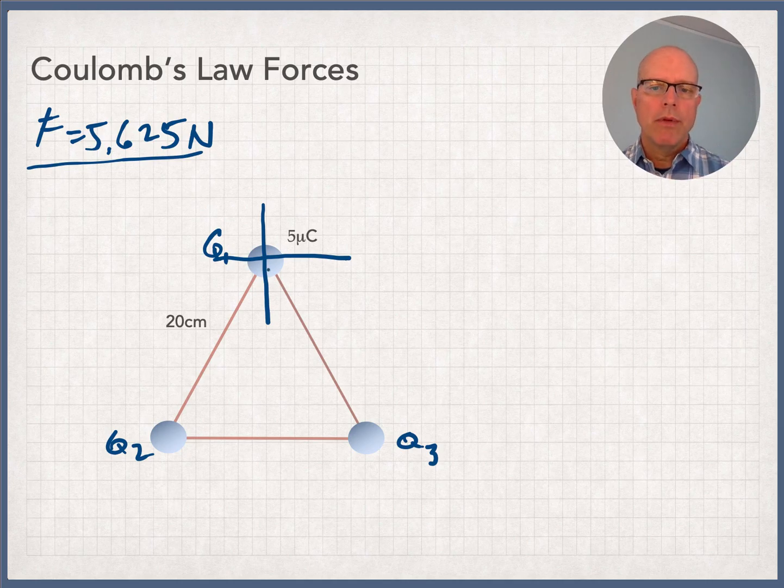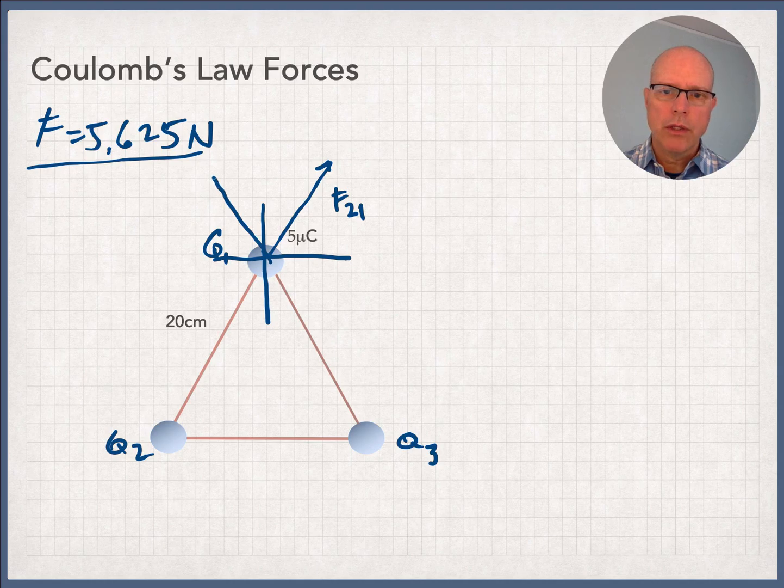And then it should be obvious that since all these charges are the same, I've got force of 2 on 1 acting in this direction right here. It should also be obvious that I've got force of 3 on 1 acting along this line right here. So I've got this guy going like so, and those two forces are both equal to 5.625. So here's force of 3 on 1.